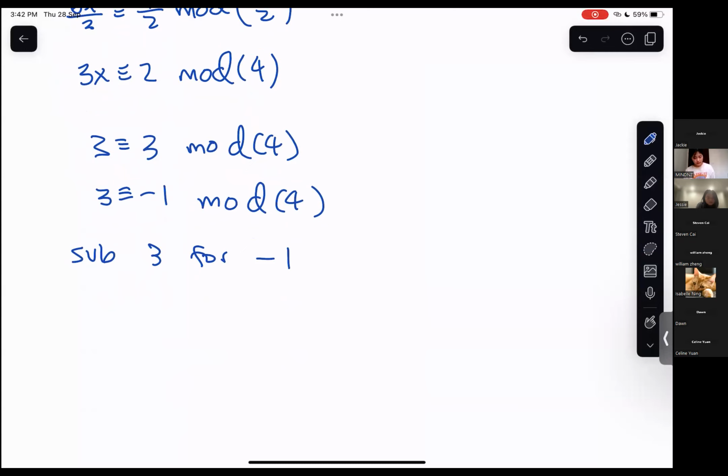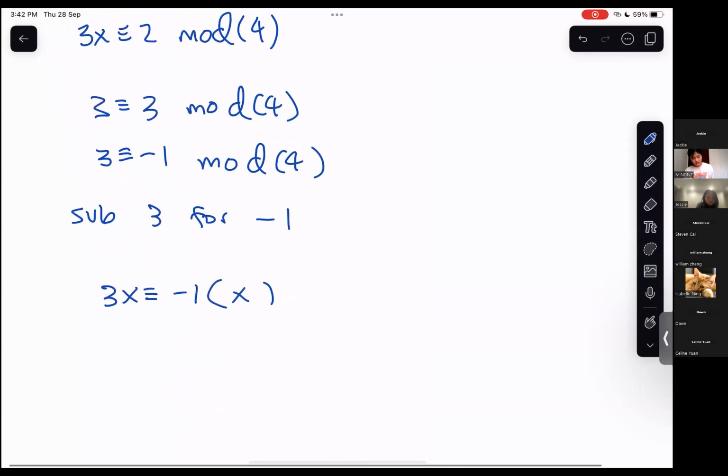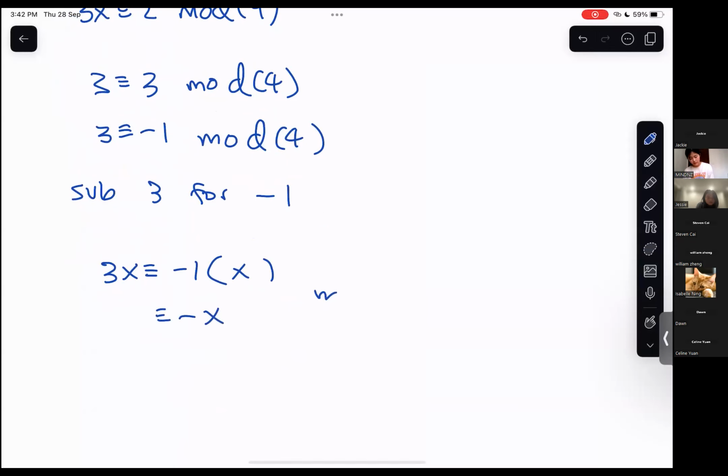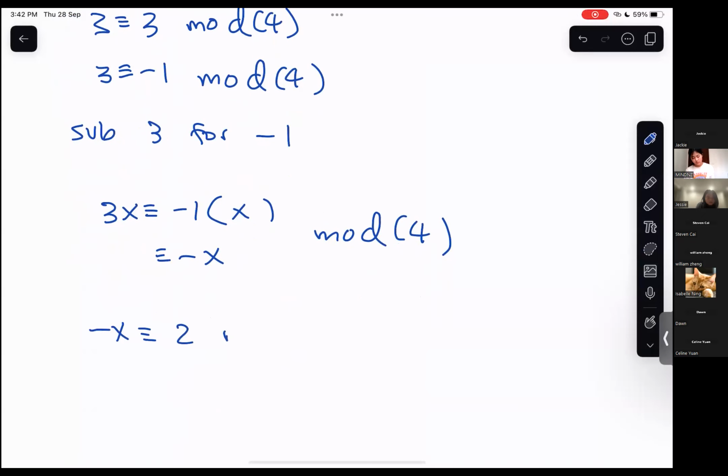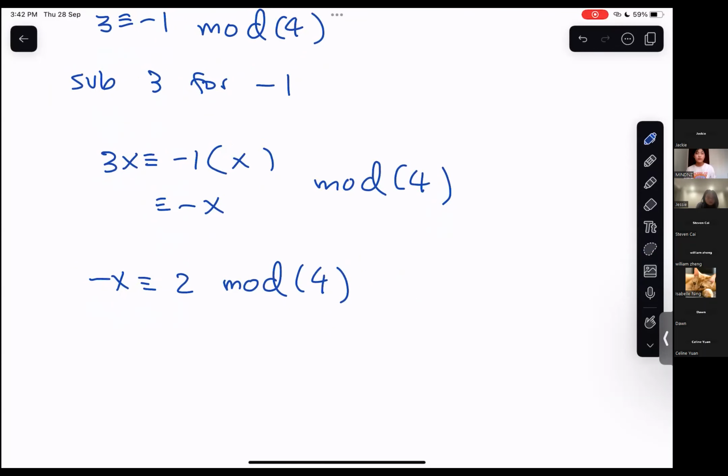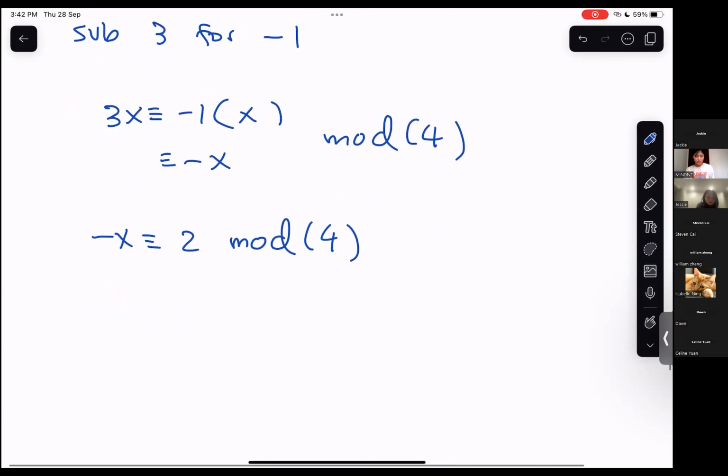So instead of 3x, we write it as -1 times x, and that's -x mod 4. Right, and then we'd get this mod 4. And now what we can do, if we have a negative, it's the same as under a normal equal sign.